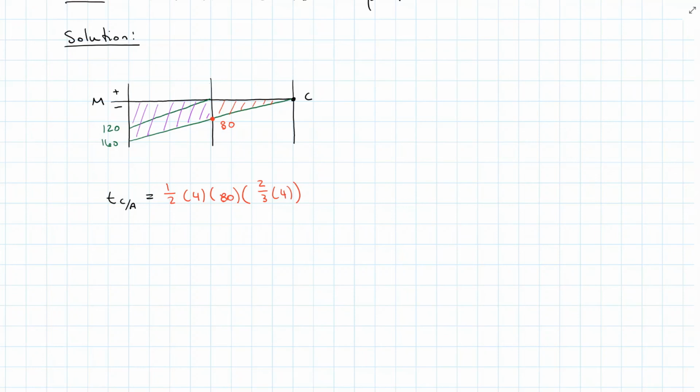Now we'll move to the purple areas. We've got our rectangular area, base of 4, height of 80, and a distance to its centroid from C of 4 plus another half, so that's 2. That is also going counterclockwise. Then we have the remaining triangle, 1/2 base times height, and the distance to its centroid from C, which is 4 plus 2/3 of 4.